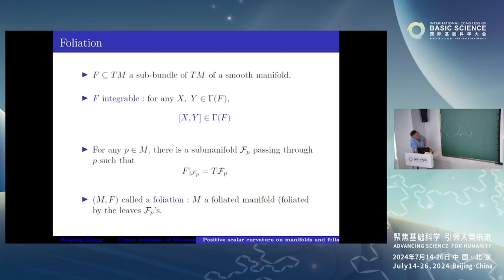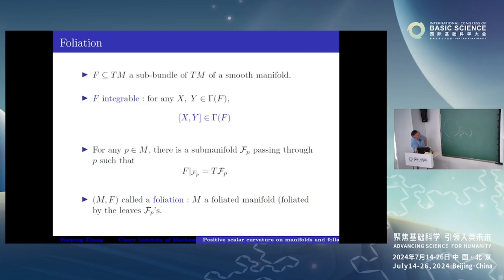So a foliation, by definition, is that you take F as a subbundle of the tangent bundle of a smooth manifold. Then we call F integrable if for any two sections of this subbundle, the Lie bracket is still a section of this bundle.